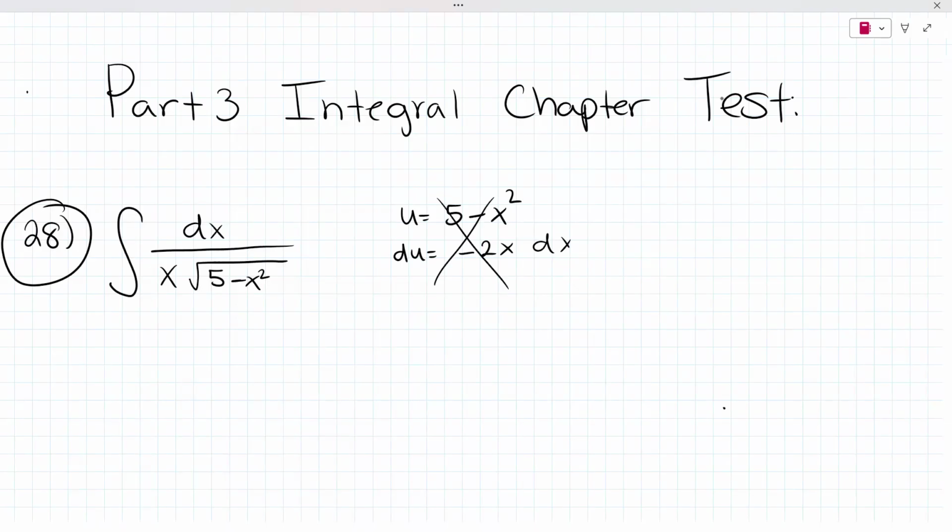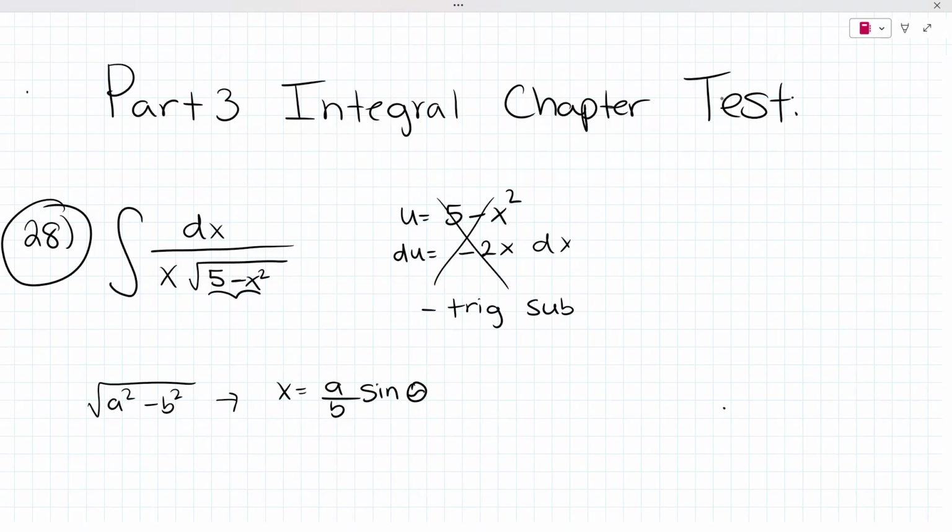But I think it is some kind of substitution, but it's a trig substitution, right? So I see that you have 5 minus x squared. You know it's related to this, right? And then we know that x is going to be a over b times sine of theta.